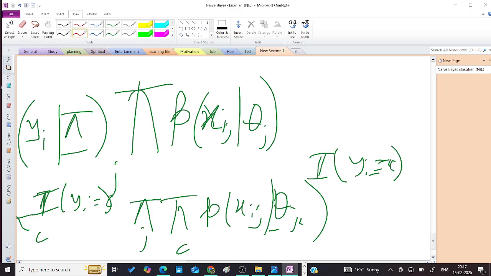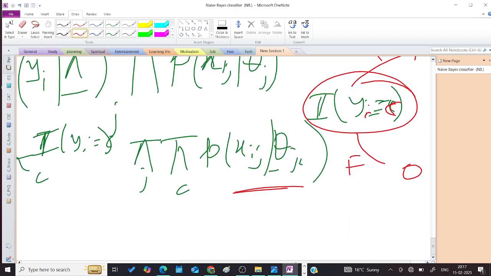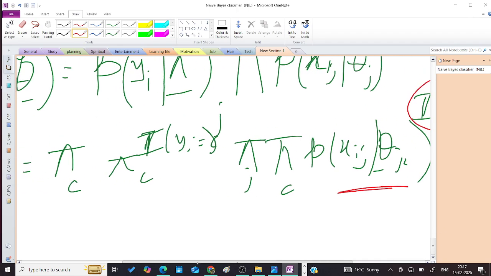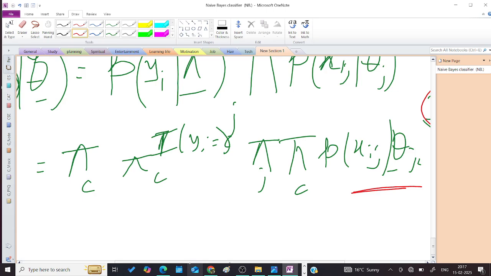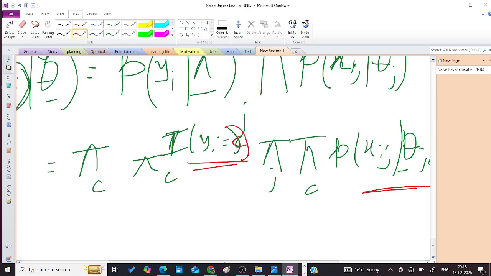So here whenever yi, that is the level, equals c, this will be true, 1, else if it is false it will be 0, and the entire term will be 1 if it is 0. Similarly, this term will be 1 or 0 depending upon whether the level is c or not, because we are trying to find for all the c's, right?